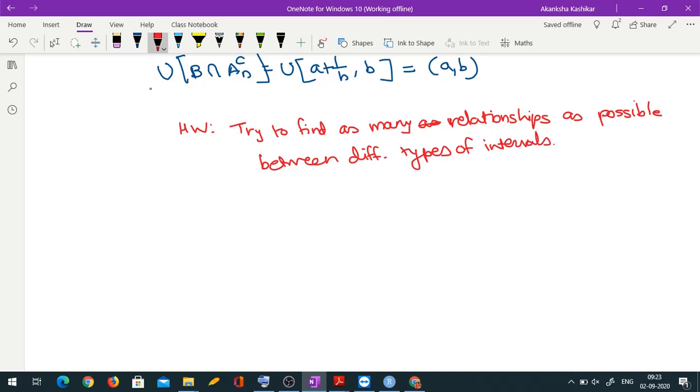Now let me define Borel sigma field. So, what is a Borel sigma field?